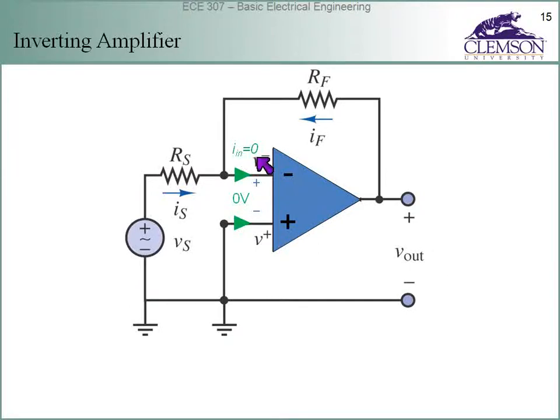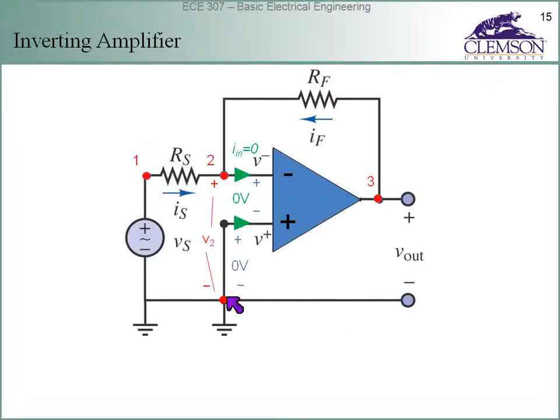Here are the assumptions we're going to use. The input current is 0, and this input voltage is 0. We're going to use those assumptions about our amplifier to derive the gain between the output and the input. A result of our connection is that this is going to be 0 volts. This is just a short to the ground, the reference node. To set up our analysis, we'll label some node voltages. We'll call this node 1, node 2, node 3.